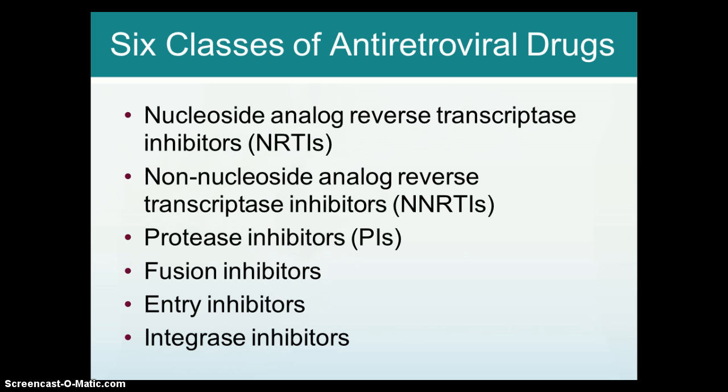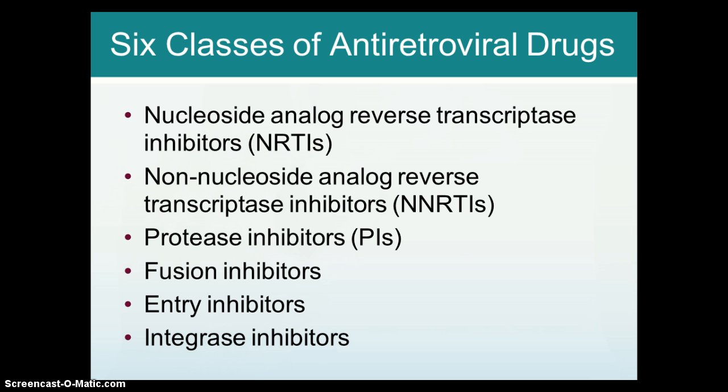Here are your 6 classes of antiretroviral drugs. We have discussed this in the previous part 1 lecture, though some of them we haven't discussed. Nucleoside analog reverse transcriptase inhibitors would be one drug class. Then non-nucleoside analog reverse transcriptase inhibitors, protease inhibitors, fusion inhibitors, entry inhibitors, and integrase inhibitors, and they are self-explanatory.